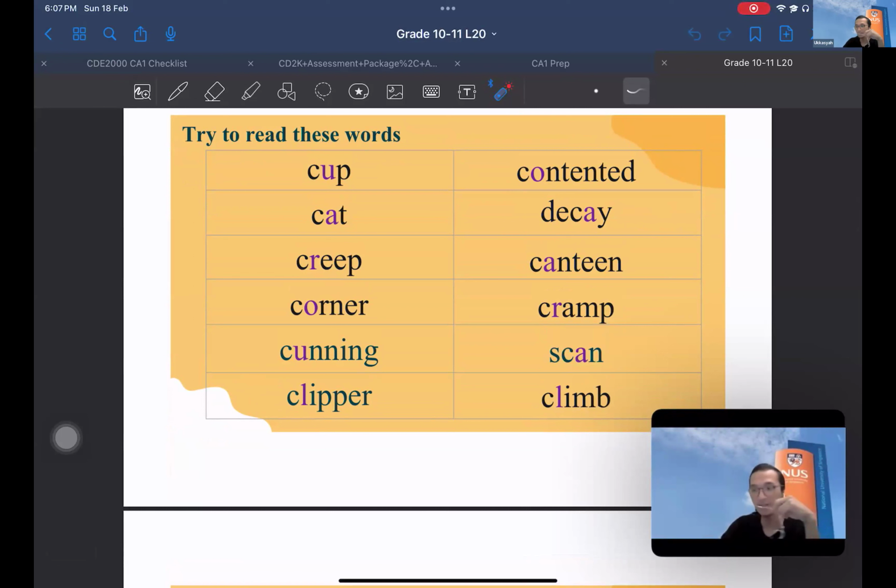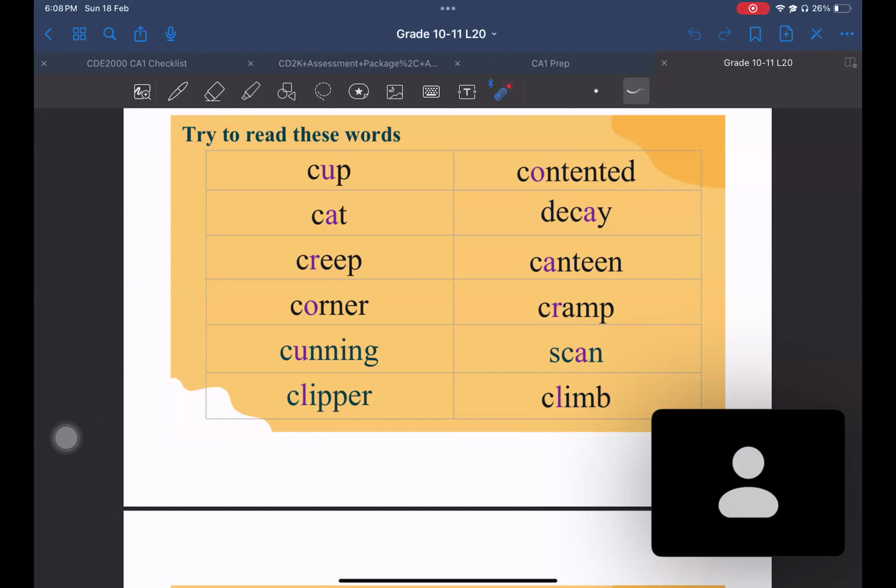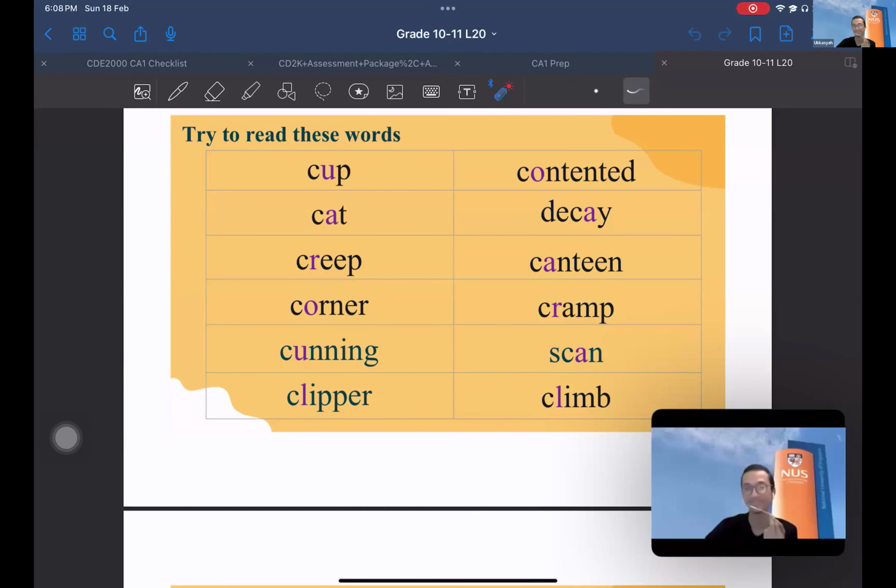Does anyone know what's the meaning of cunning? It's just a separate question, just a bonus question. Does anyone want to try? Maybe someone wants to explain? But it's okay if you guys don't know. That's how we learn. Cat, creep, corner, cunning, clipper. Yes, those are the correct pronunciation.